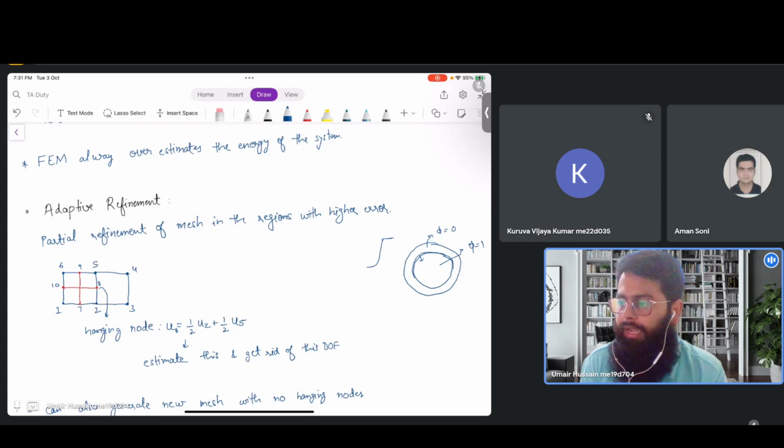One was the Kelly error estimator, which automatically calculates some form of error in all the cells. For me the error was basically if the value of phi is between 0 and 1, that signifies that I have an interface in that region. So that will mark those cells, and it will refine those cells.